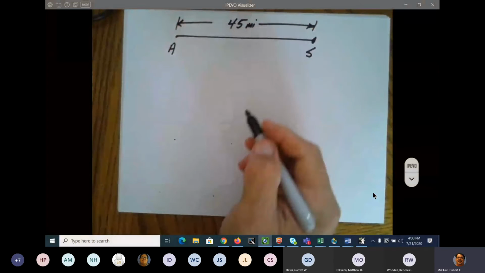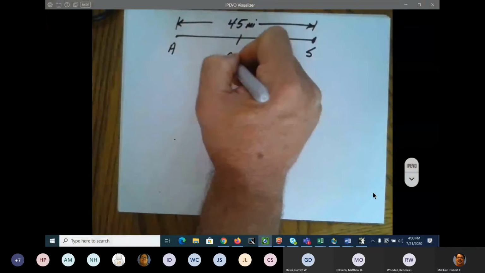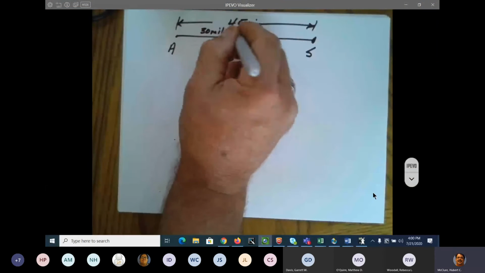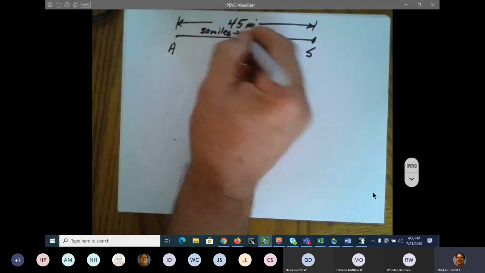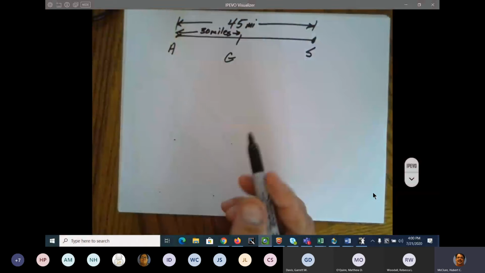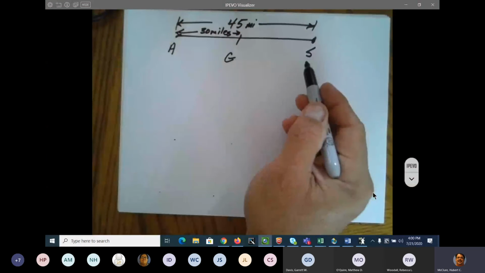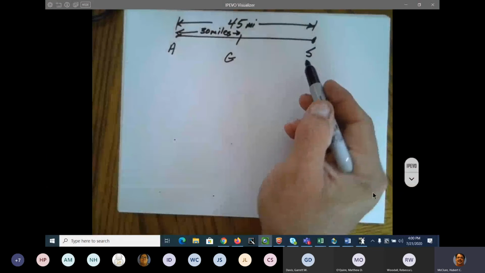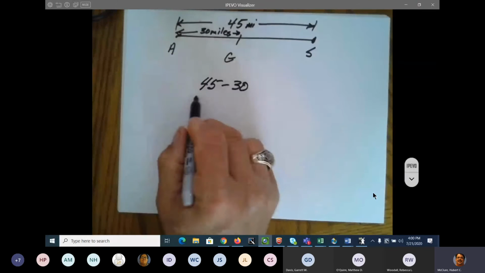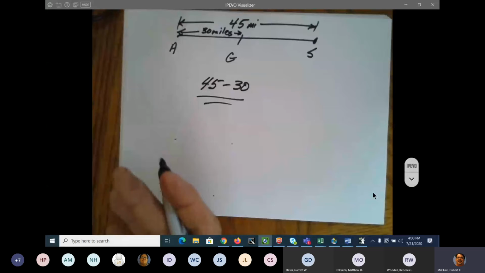And you know that Greenville is 30 miles. Then if I want to find the distance from Greenville to Spartanburg, I know that it's 15 miles because I take 45 minus 30.